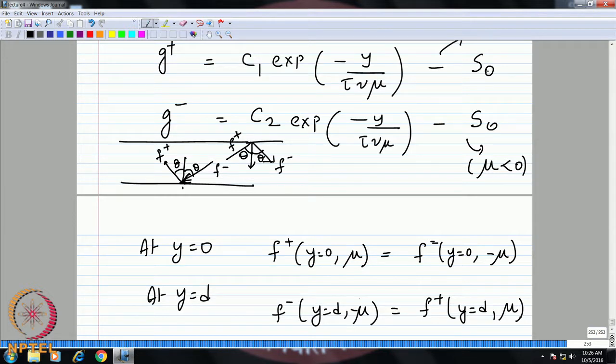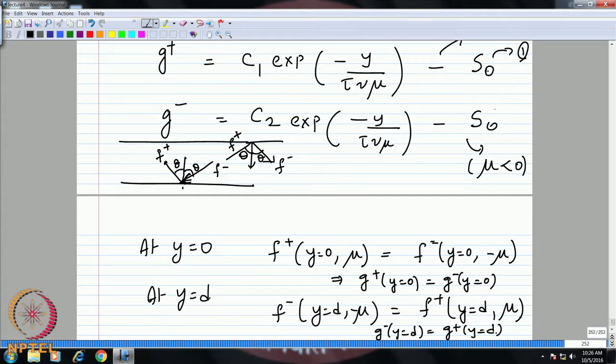Since f equilibrium is independent of direction, the same thing can be said about g plus. So, g plus at y equal to 0 is equal to g minus at y equal to 0, and similarly g minus at y equal to d is equal to g plus at y equal to d. So, please use these two conditions in these expressions to determine the constants C1 and C2.